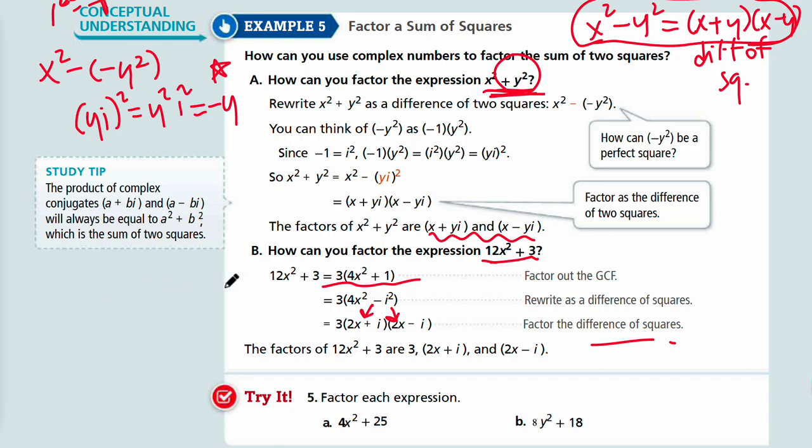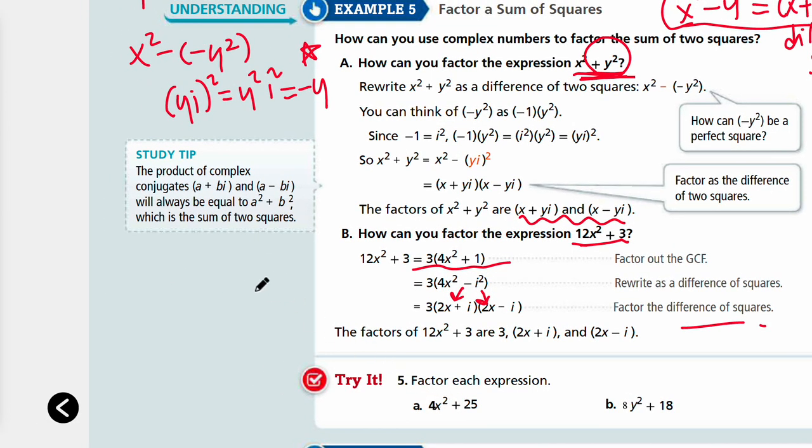All right, so part A, you're going to factor 4x squared plus 25. And you know this is in the form x squared plus y squared. So you're going to rewrite that in this form. 2x squared minus negative 5i squared would be 25, right? Positive 25.